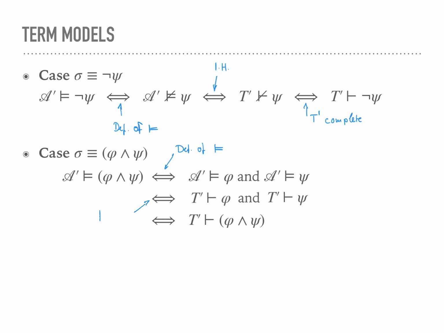We can make this step using the inductive hypothesis and have the equivalence that T prime proves phi and T prime proves psi. Again, keep in mind all proofs here are over the extended language L^H. And then it's not hard to see, and we did part of that already in class as an exercise, that this is equivalent to T prime proving phi and psi. So that completes this case.